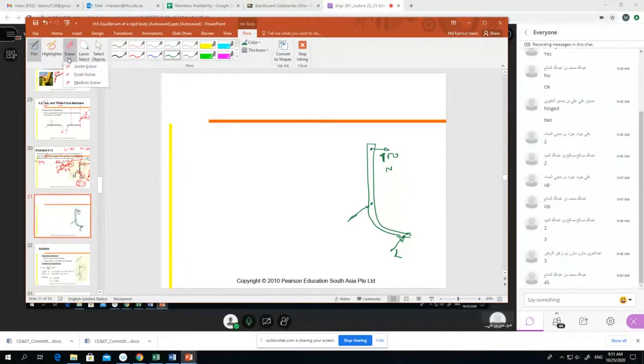This is RB, this is FB, and this is RA, right? So is it a two-force member or a three-force member?